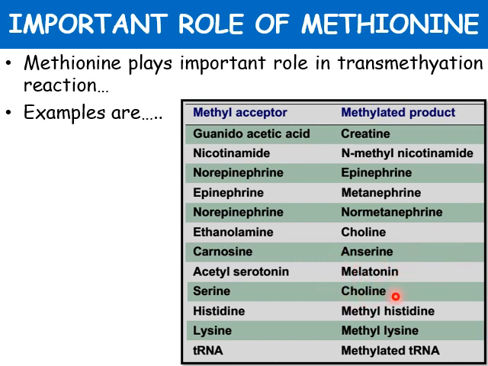Again choline from serine, methylhistidine, lysine, and methylated tRNA that are helpful for the translation process. So these are the various roles of methionine by transmethylation reaction. We'll see a few of them in detail.